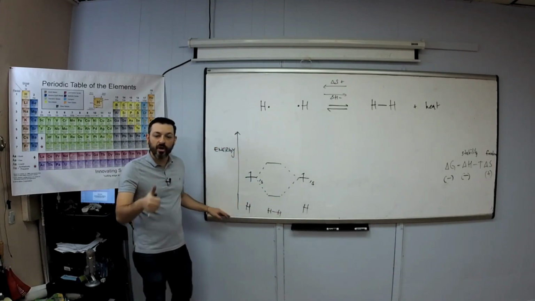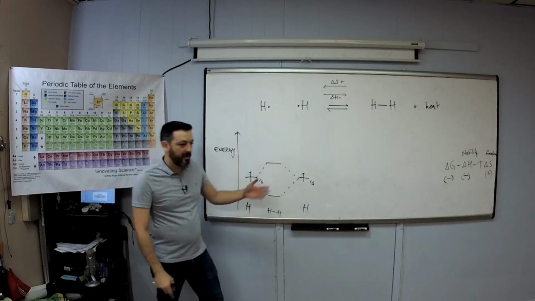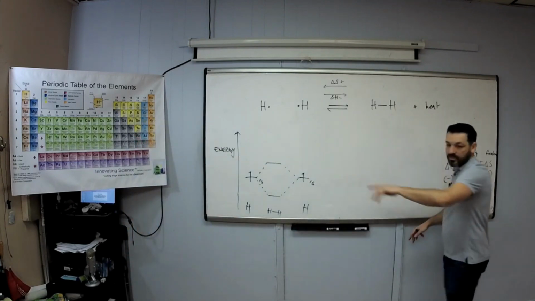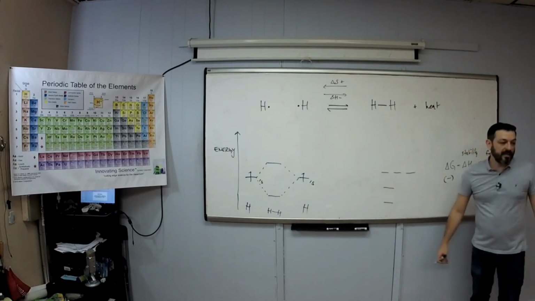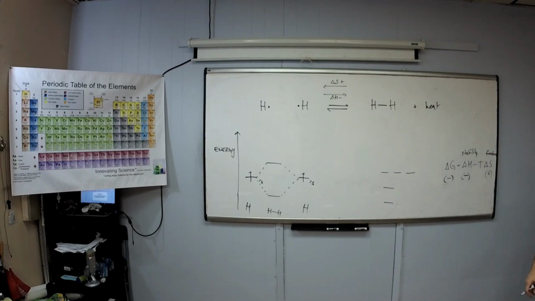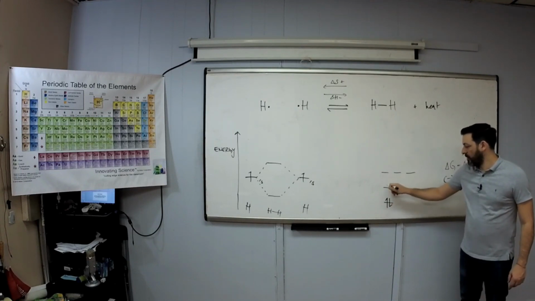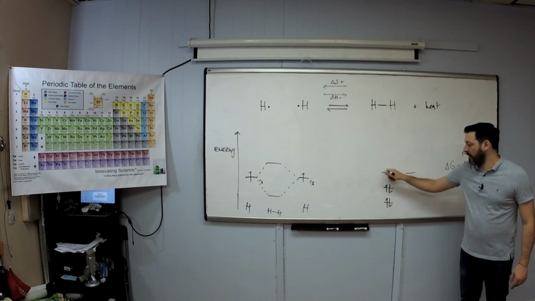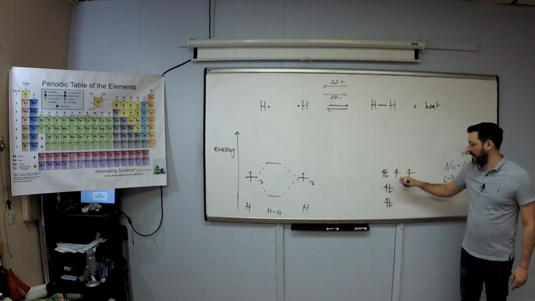Do you remember Hund's rule and the Aufbau principle in how to fill up electrons? Let me remind you. Do you remember if you had orbitals like this, like this, like this, and let's say we had 9 electrons. You would fill them up like 1, 2, 3, 4, 5, 6, 7, 8, 9.